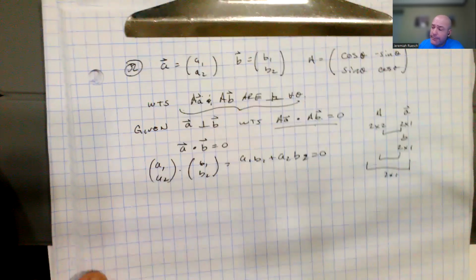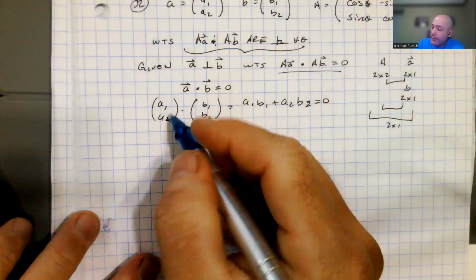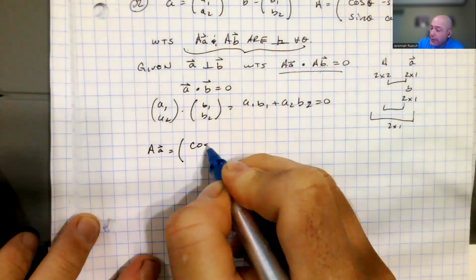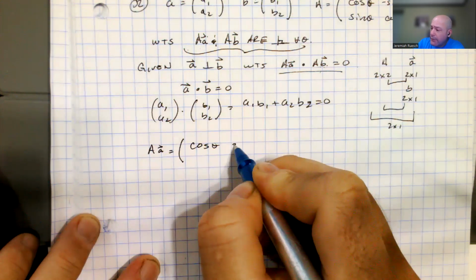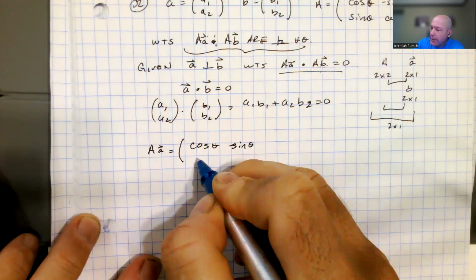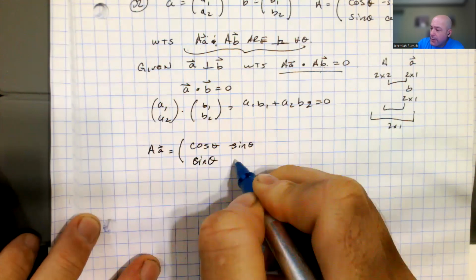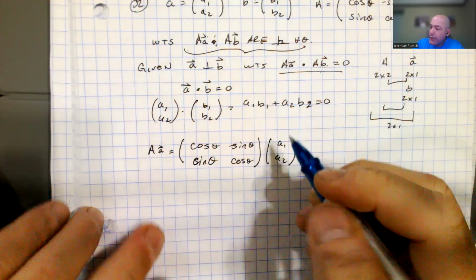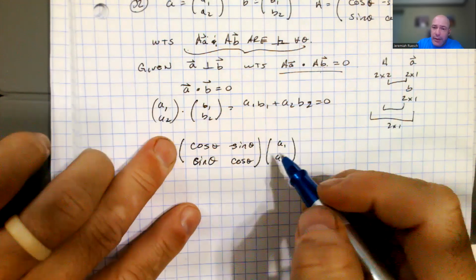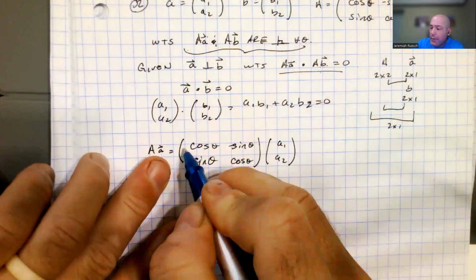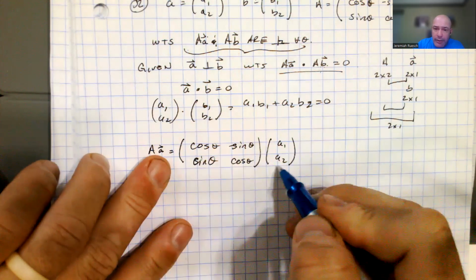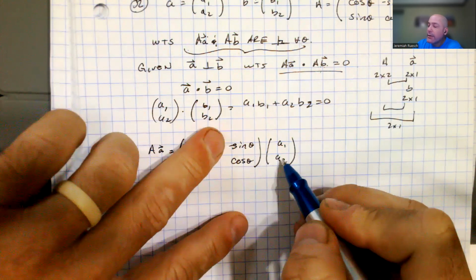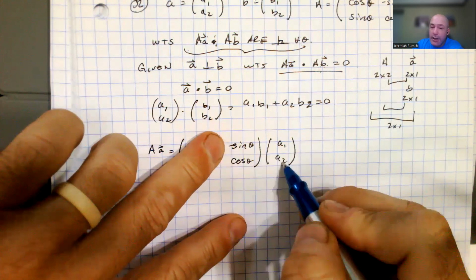But let's find out. We're going to multiply AA, so let's find out what this vector is. We have cosine theta, minus sine theta, and sine theta, cosine theta, times A1, A2. Matrix multiplication with a vector is kind of like the dot product of each row vector with the column vector. So you multiply cosine theta times A1, and then add to that the product of negative sine theta and A2.